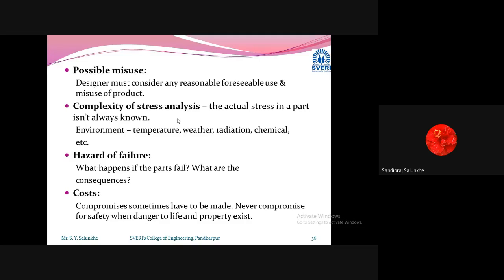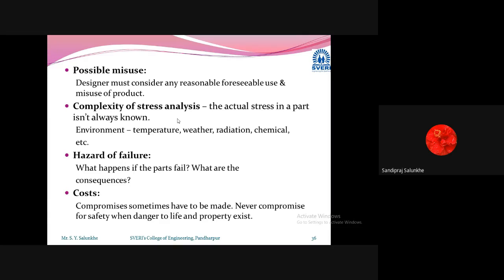Okay. So possible misuse we have to consider. Then complexity of the stress analysis. Now see, this point is somewhat critical, because in some cases we are not able to judge which type of stress may occur in that component.